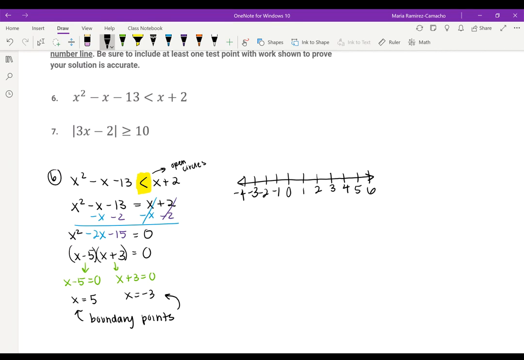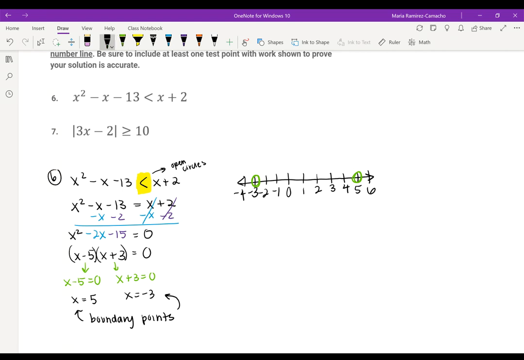So open circle on positive 5 and open circle on negative 3. Now I need to test at least one point on this number line to see where my solution region is, to see where I'm going to shade.